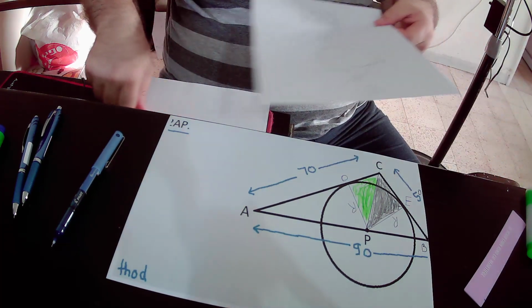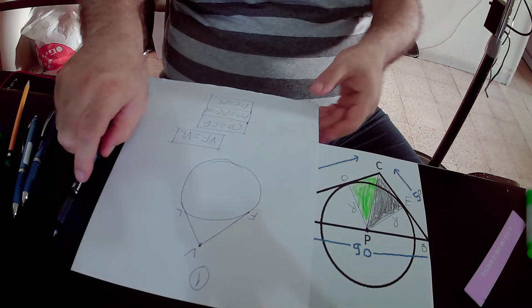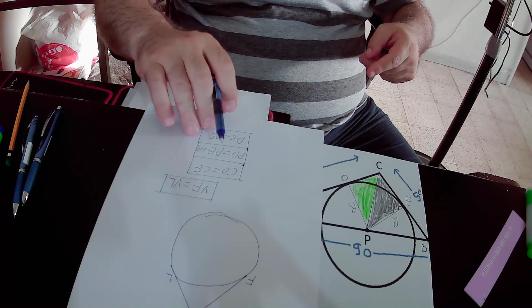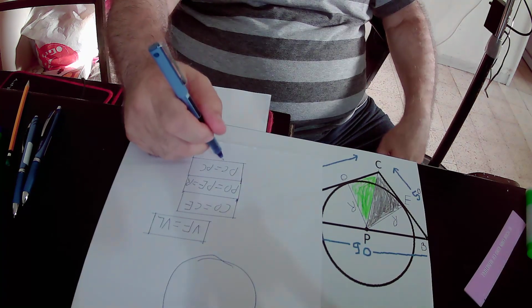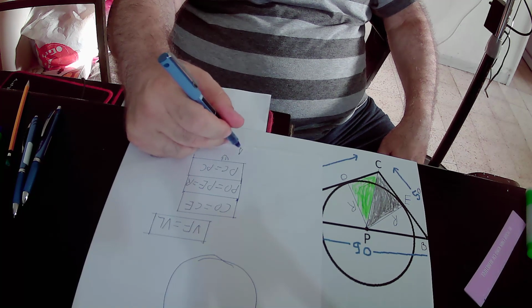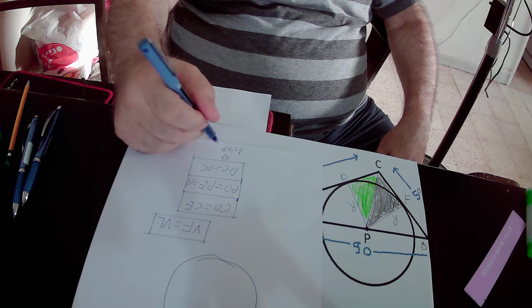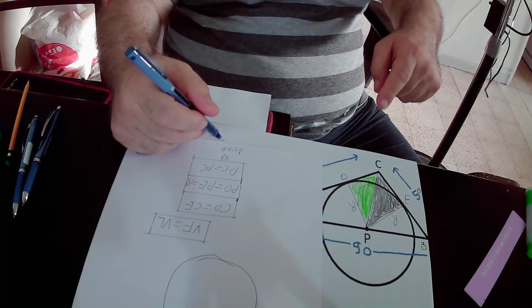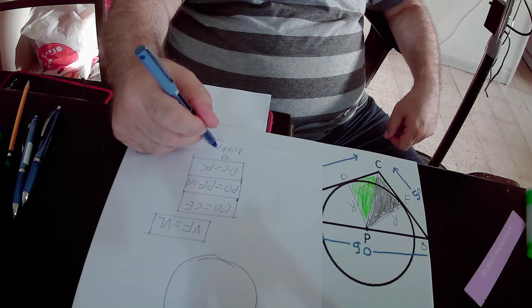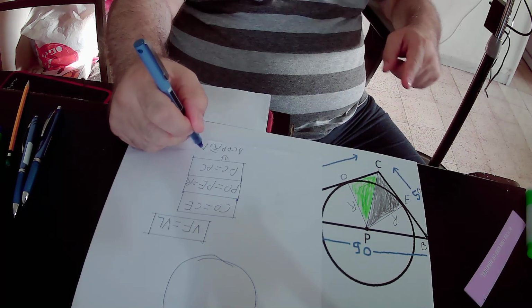Okay, so we can write that triangle COP is congruent to triangle CEP.